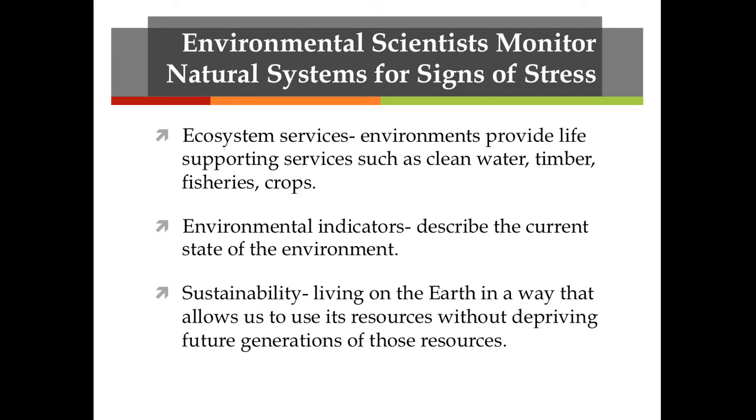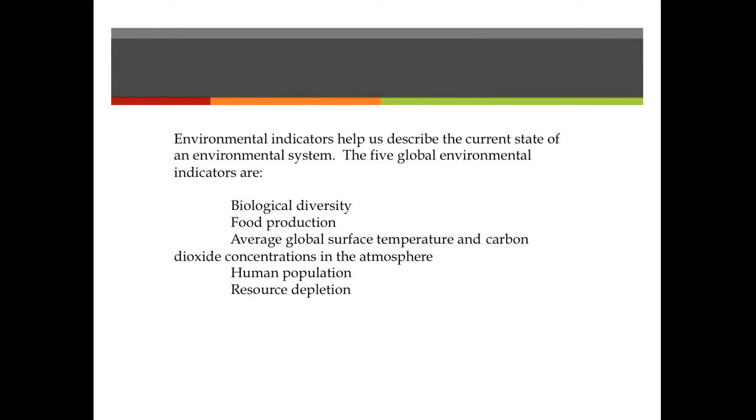In order to understand the extent of our effect on the environment, we're going to need to be able to measure the health of Earth's ecosystems. And we do that by looking at certain environmental indicators, which are going to describe the current state of our environment. We have 5 global indicators that we look at.